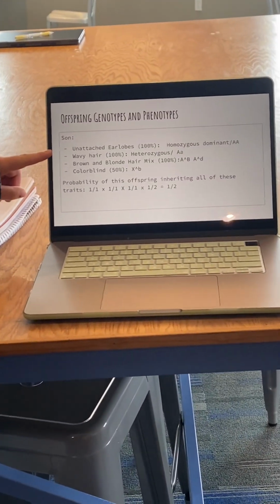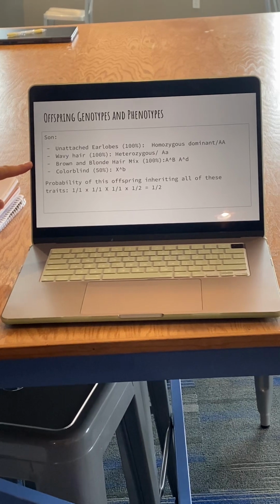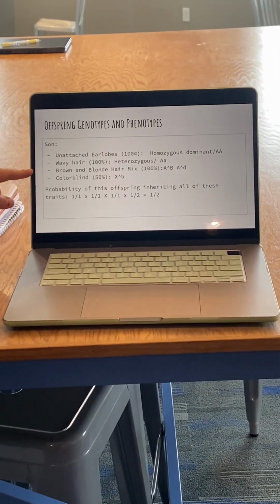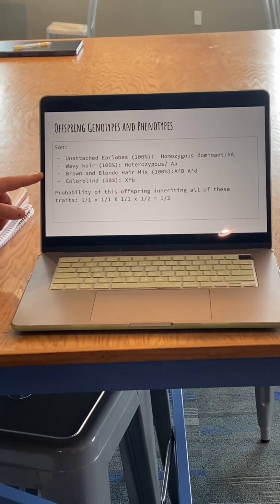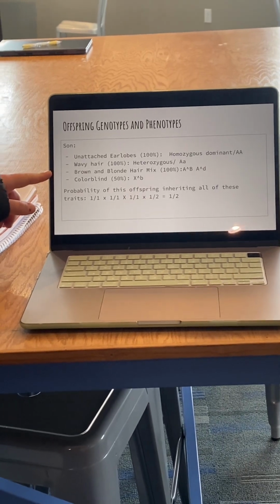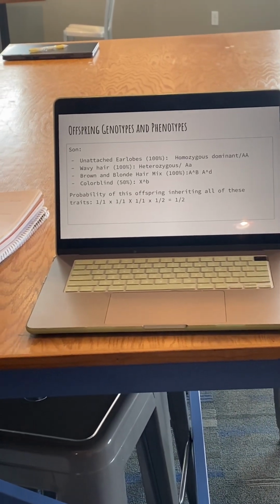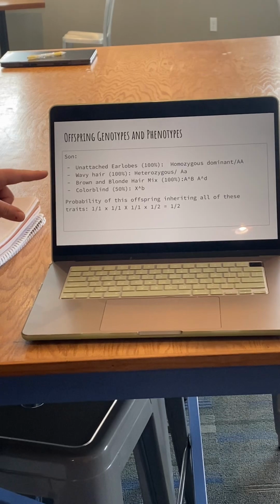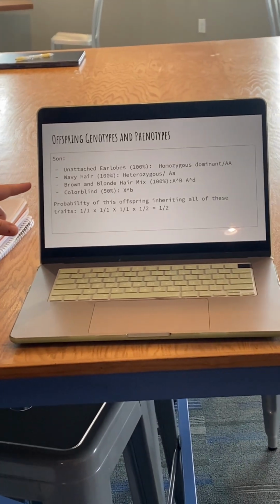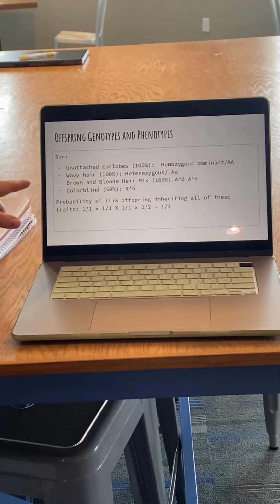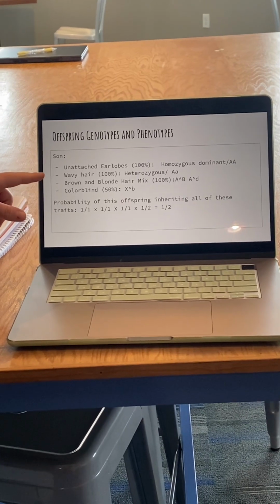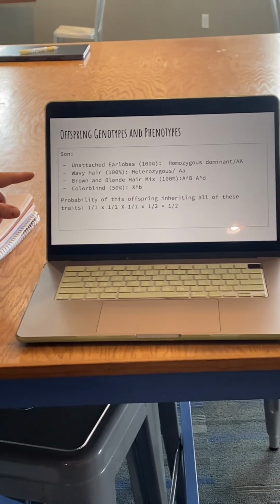And so he has wavy hair. For his hair color, he has a brown and blonde hair mix because this is the codominant trait, which means they both show up at the same time. So his genotype is big A, big B, and then big A, little d. And that was also 100% probability.